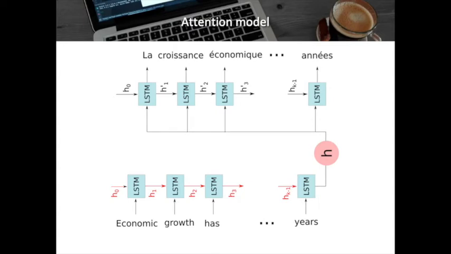So let's have a look at a translation model without attention. And the way this is done is using an encoder and decoder model. In this case, the encoder model uses as input sentences in English. So the idea is to translate from English to French.